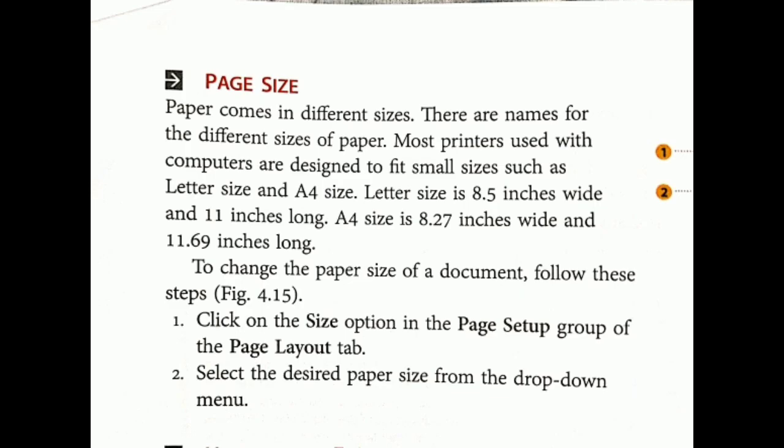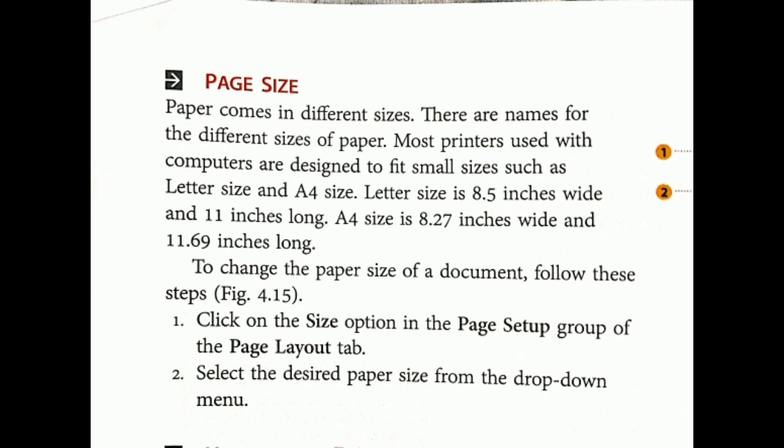Next topic is about page size. You have seen in different types of notebooks or in your different textbooks, they are of different sizes. And there are names for different sizes of paper. For example, you might have heard A4 size, letter size. These are the page sizes.